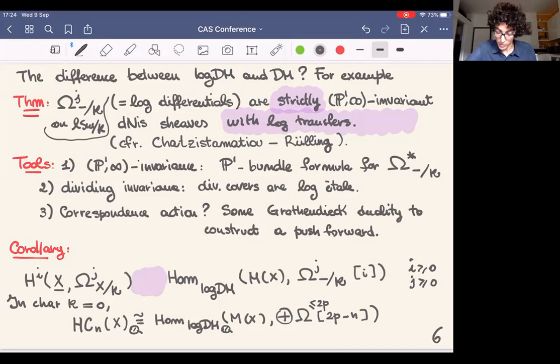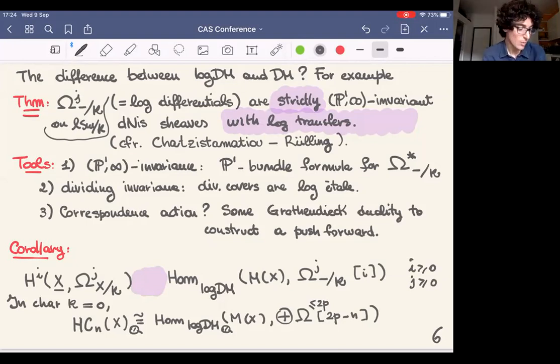And the correspondence action that I was briefly mentioning before follows from a careful analysis of Grothendieck duality for coherent sheaves, and you need to construct the push forward. At the end of the day, this is what you need to get the correspondence actions.